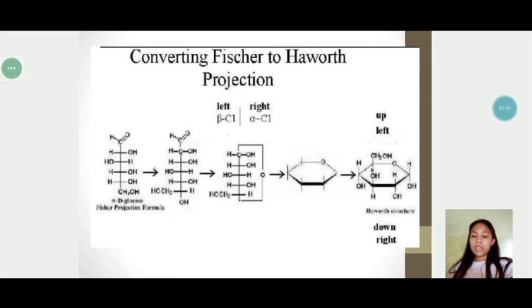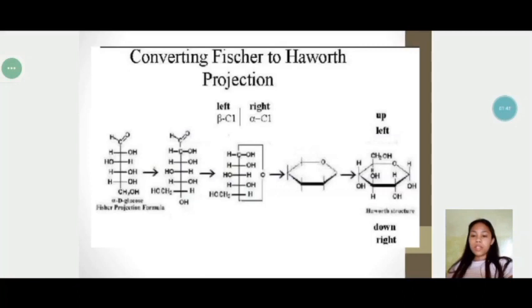A ring oxygen is placed between carbon 1 and carbon 5 to connect them, forming a 6-membered ring or a pyranose. So the hydroxyl groups OH on carbon 2, carbon 3 and carbon 4 are positioned based on their placement in the Fischer projection.